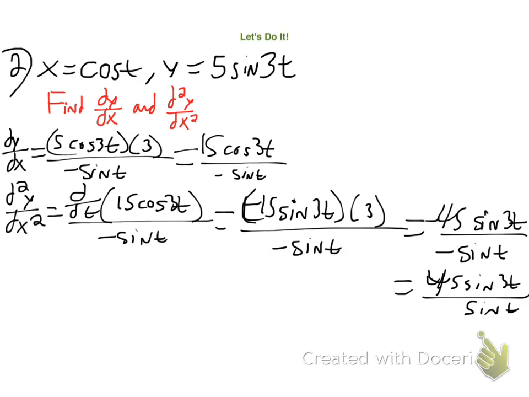I mentioned that in the first video because it shows a shortcut: instead of going through the complex formula for a second derivative, once you get your first derivative, you could just take the derivative of that.